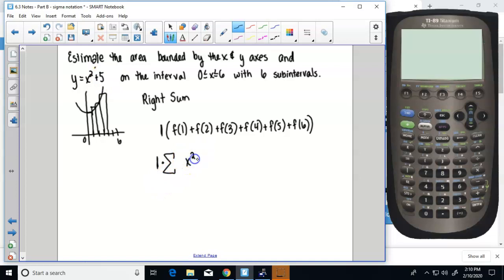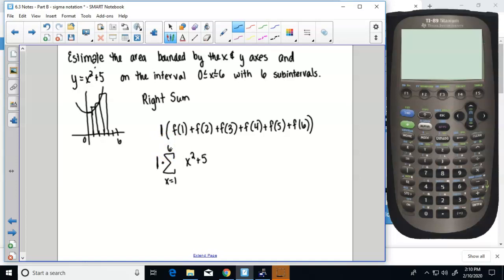And so we're taking the equation x squared plus 5. And what is the first number that we plug in? 1. So x would equal 1, or we could use i's if we wanted, but we need these 2 letters to match. And where do we stop? What's the last number we plug in? 6.